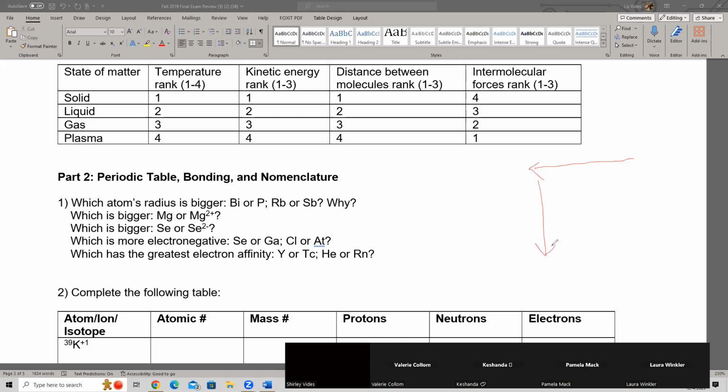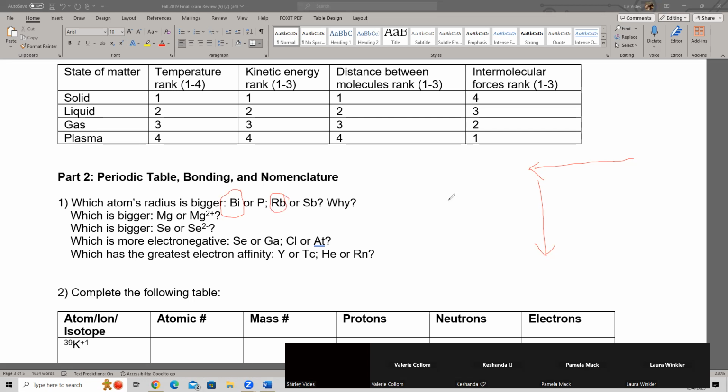So if on the periodic table, bismuth is farther down than phosphorus, then it's bismuth, right? Rubidium or antimony? Rubidium is all the way to the left, and antimony is closer to the right. So definitely rubidium is going to be the largest.